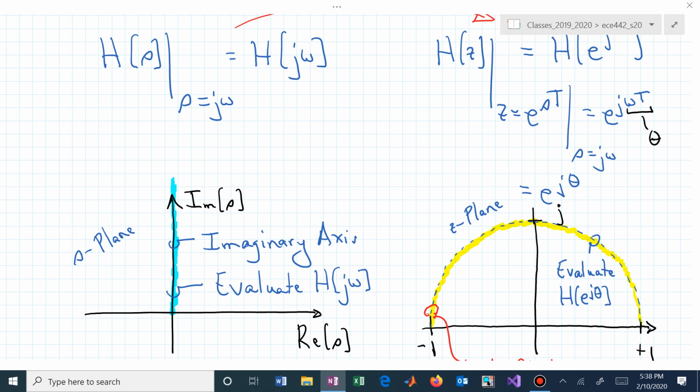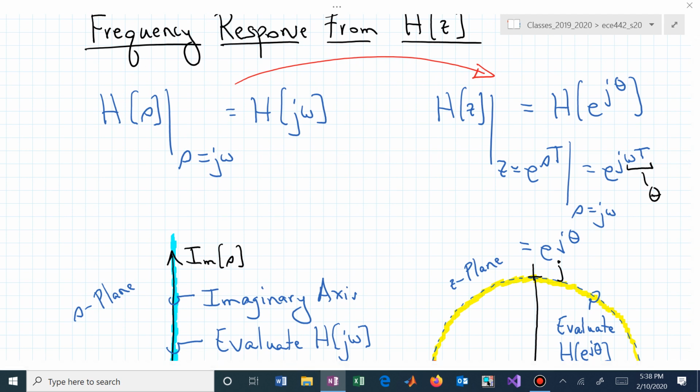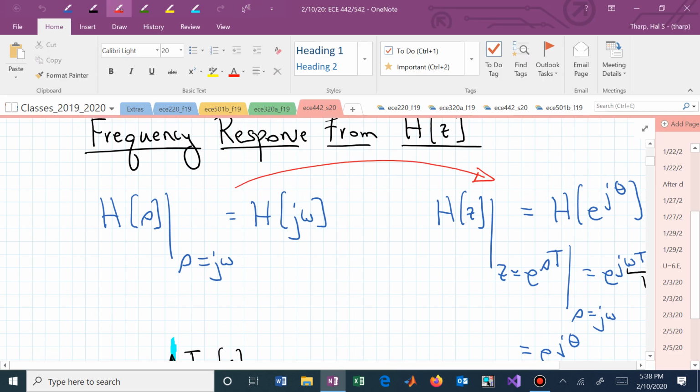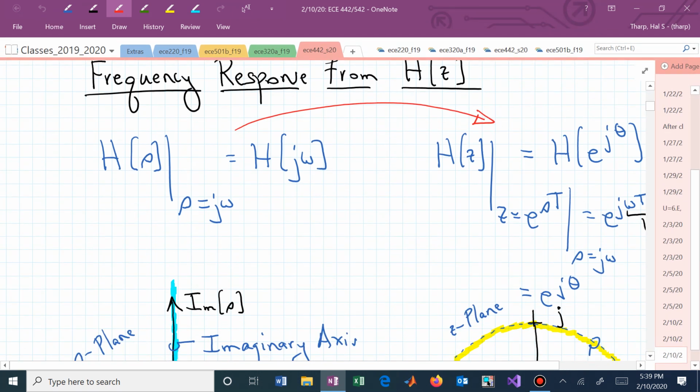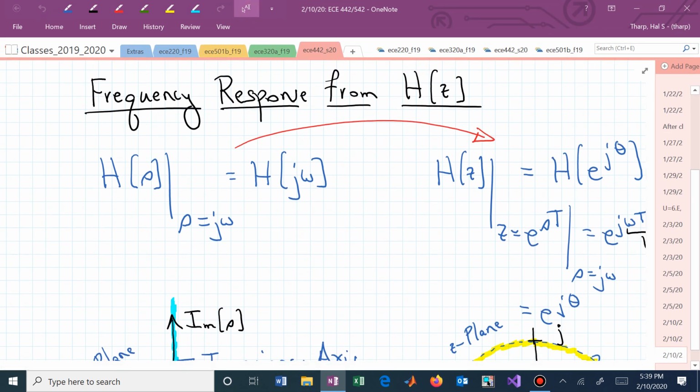What's the connection that we've already talked about in previous lectures that allows us to connect s with z? What's the relationship? z equals e to the sT. So that's what I'm using here.